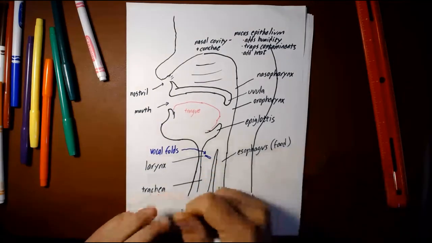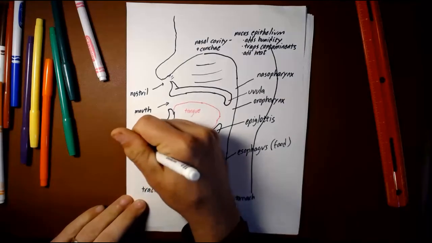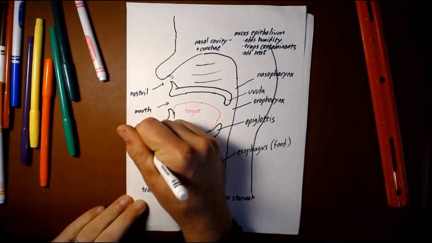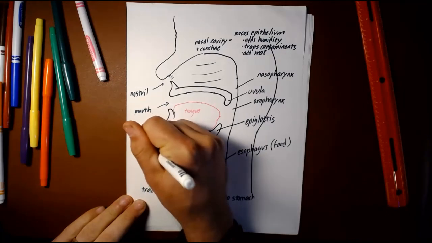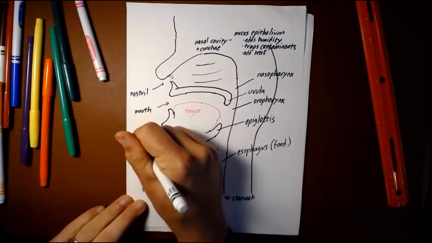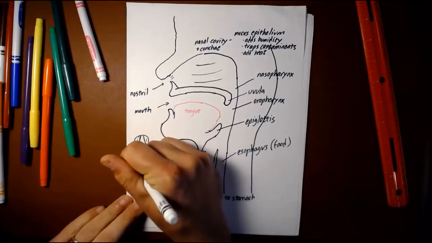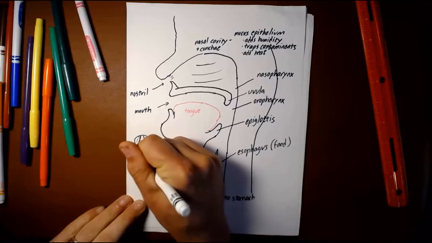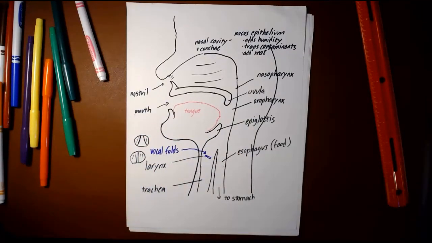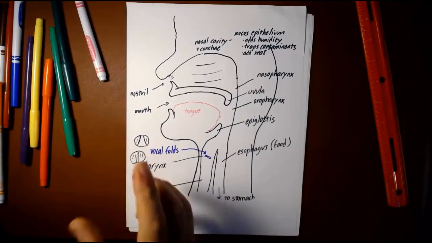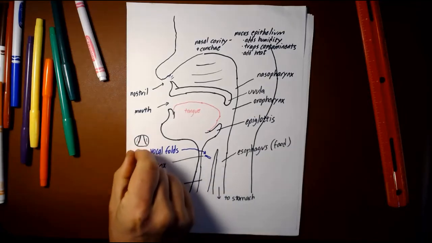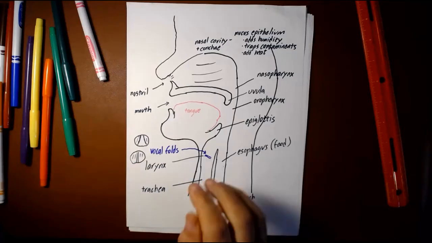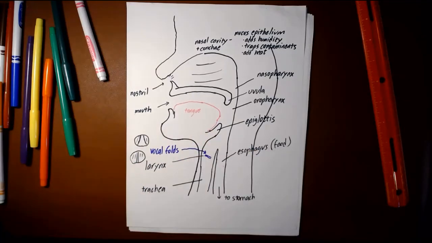So if we were to take a cross section here, they would look something like this while you're breathing, and this while you are speaking. So these vocal folds get pulled over the air passage so that as air is coming up through them, they vibrate. And that vibration is what produces the sound.